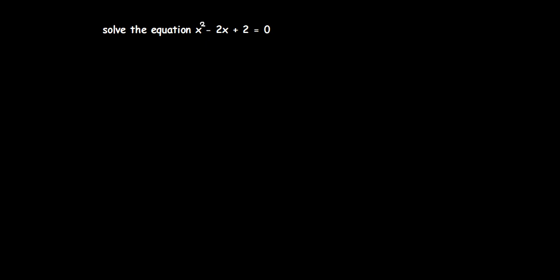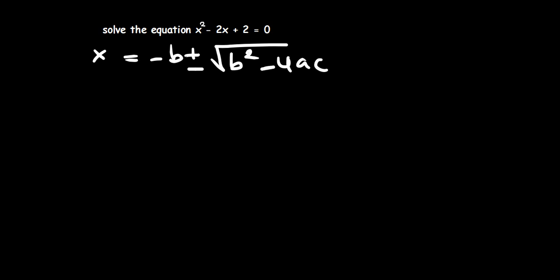This question says solve the equation x squared minus 2x plus 2 is equal to 0. This is one of the questions that gives us a complex number. When we solve this using the quadratic formula, x is equal to negative b plus or minus the root of b squared minus 4ac, divided by 2a.